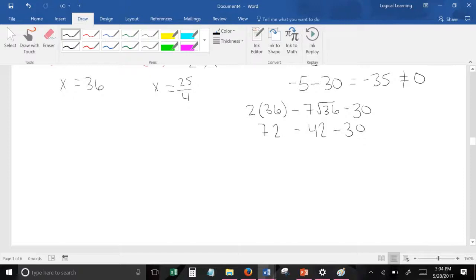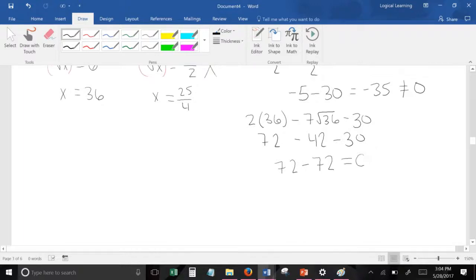Well, 72 minus 42 minus 30 is going to give us 0. So we can see here, by checking or by just paying attention to our solution set, that this is not a valid solution to our given equation, and our solution set is just 36.